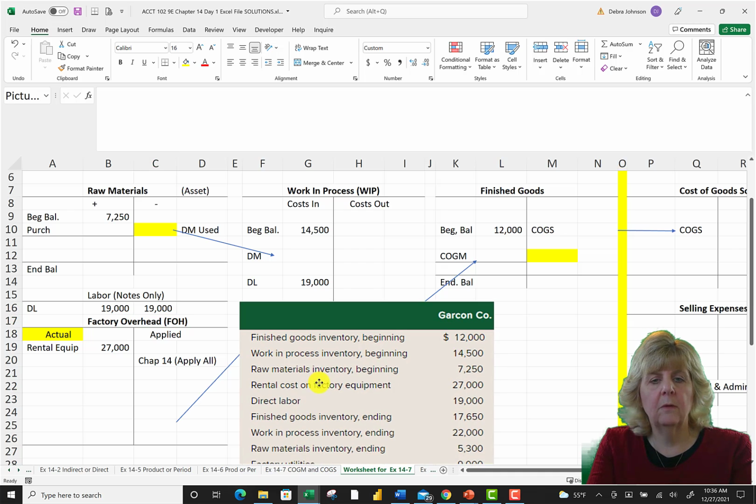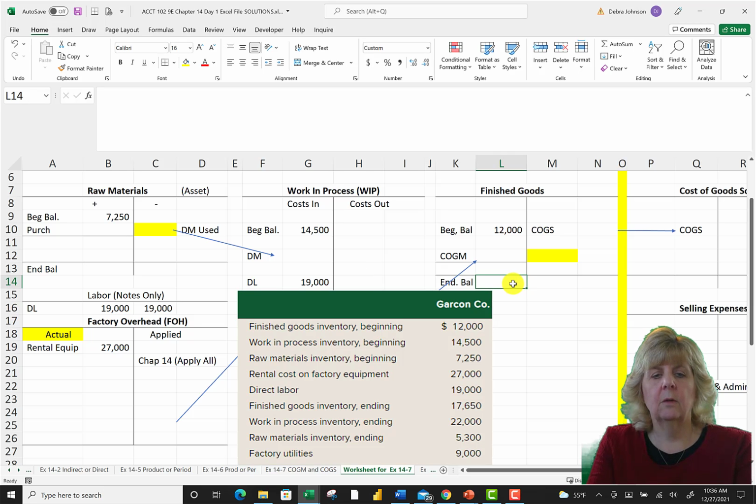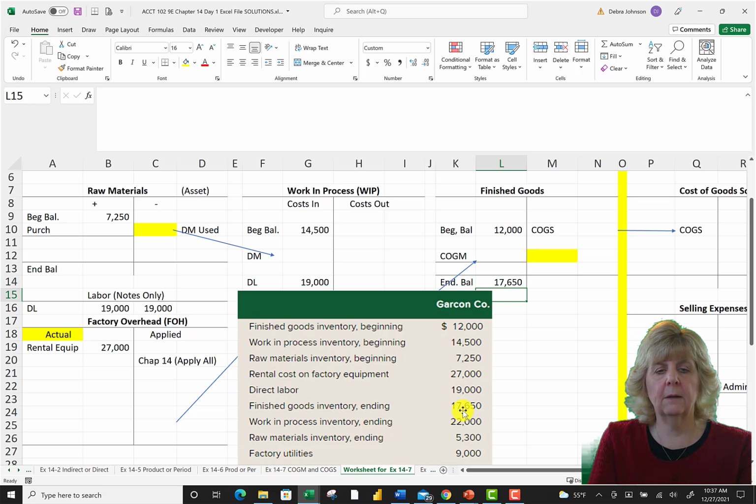And again, I'm going to move this up so that we can see more of it. Finished goods inventory. This time they're giving us the ending balance. So that ending finished goods inventory is $17,650.